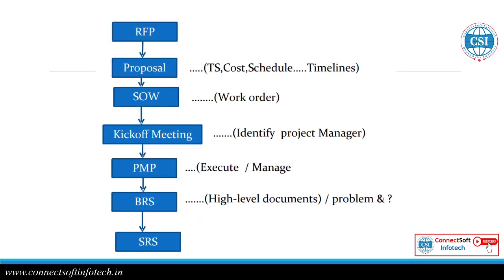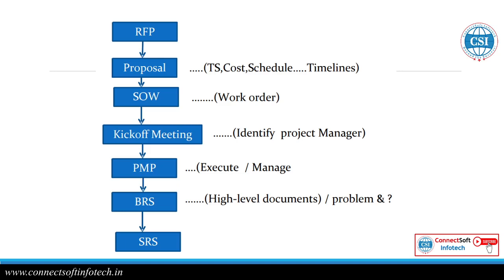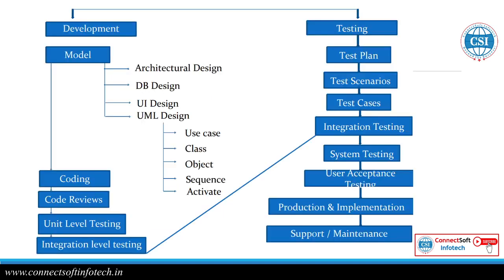Okay. Now, once we get the project management plan, which is written by the project manager, we create some documentation, that is BRS and then FRS. And after completion of BRS and FRS, what is going to start here?